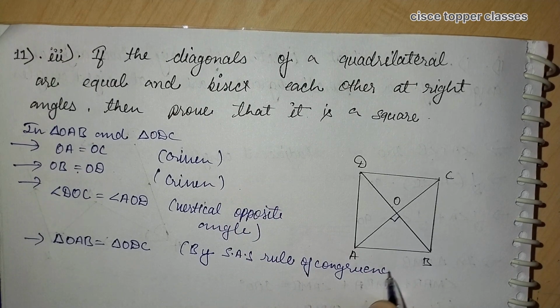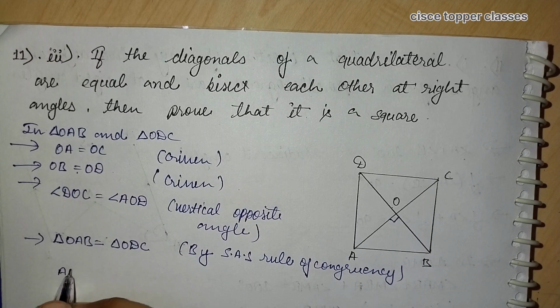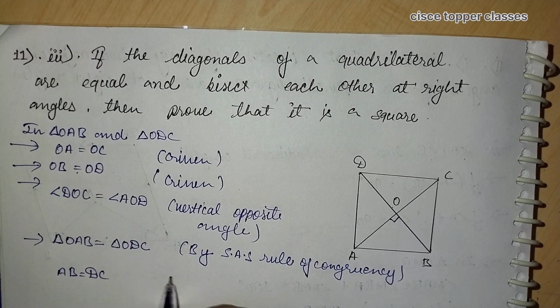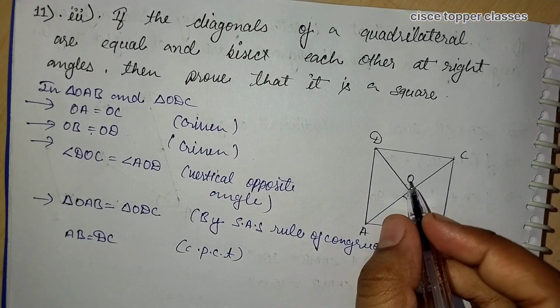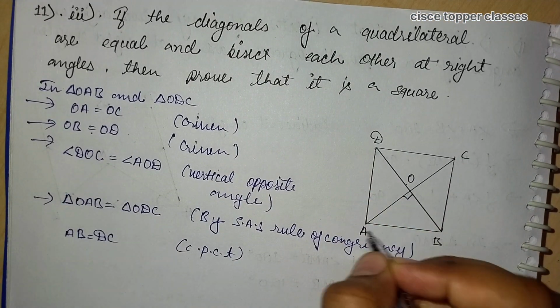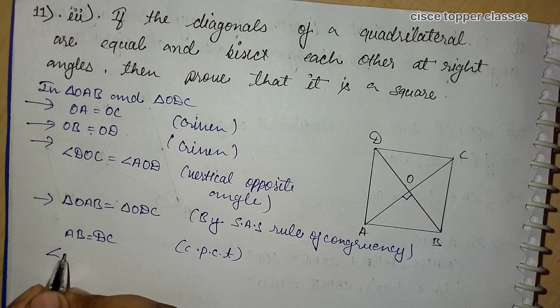Now from this we can prove that AB is equal to DC by CPCT, and we can again write that angle OCD is equal to angle OAB by CPCT.